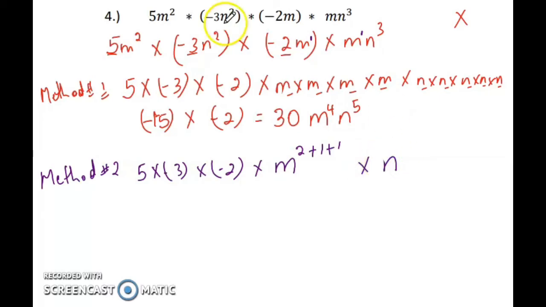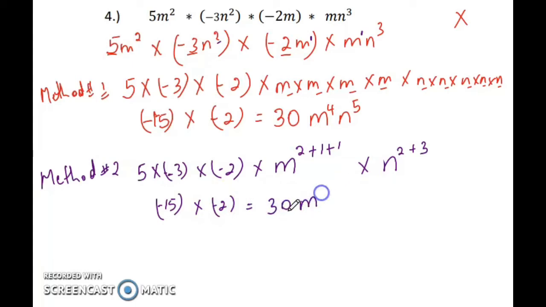Then I have n raised to the 2nd power plus 3rd power. So again, positive 5 times negative 3 is negative 15, times negative 2, and we get positive 30.